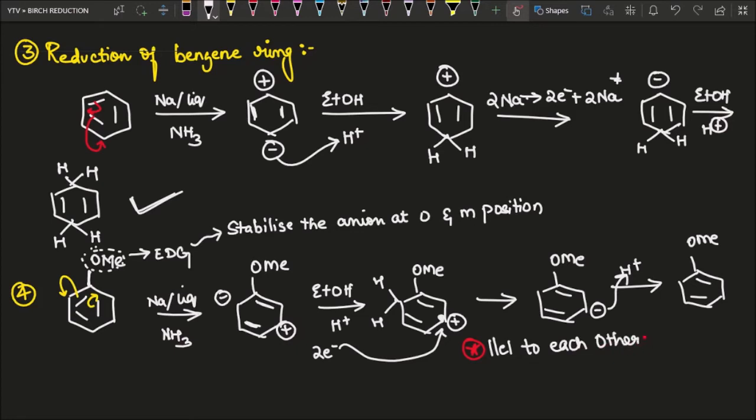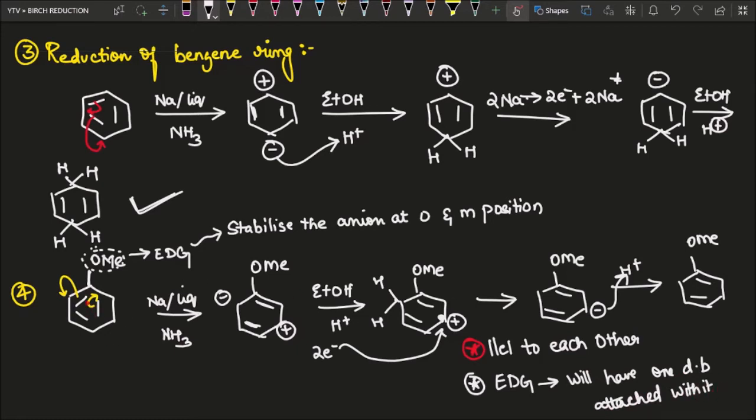And one more trick that you have to remember here is that whenever we have an electron donating group, the carbon bearing it will have one double bond attached with it. The meaning is that there were 3 double bonds, right?